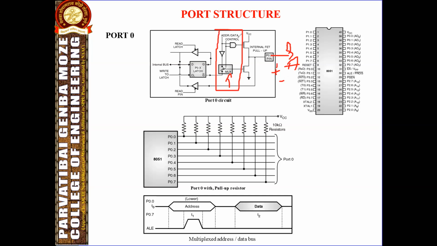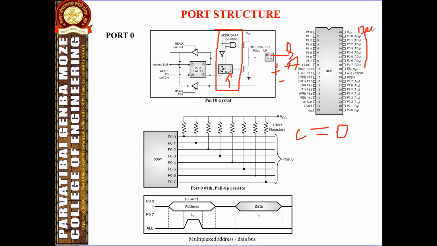Here, if the control signal becomes 0, then the port 0 pins are used as an IO port. Here the total 8 pins of the IO port, P0.0 to P0.7, act as data transfer pins.